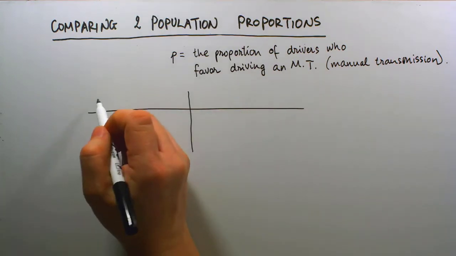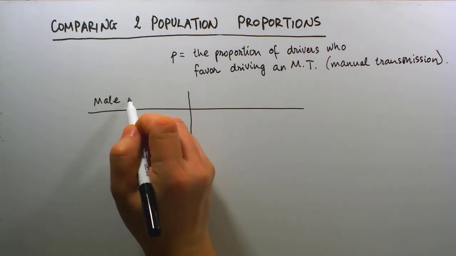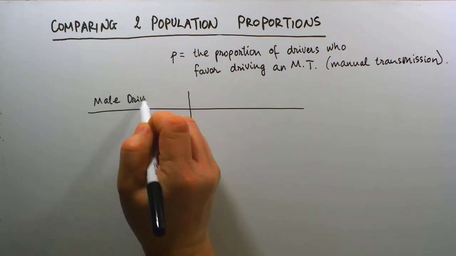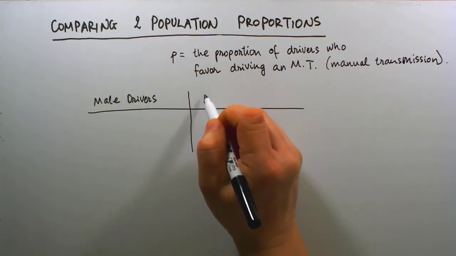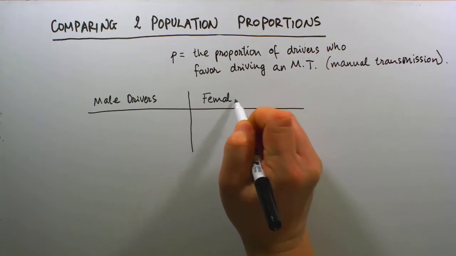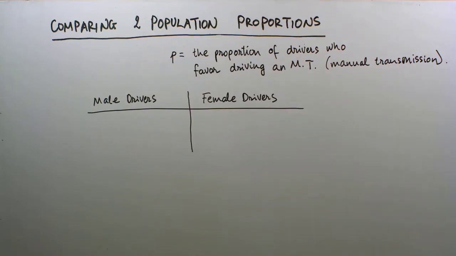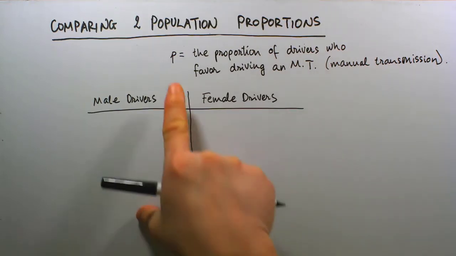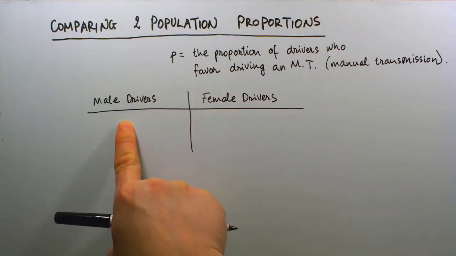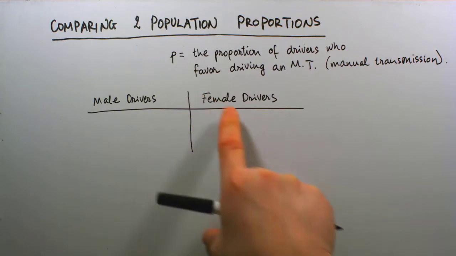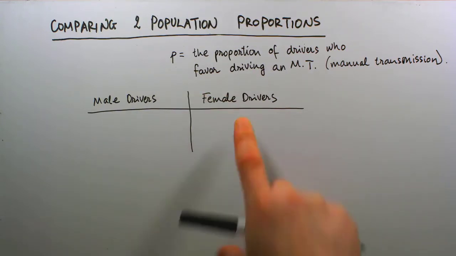So we're gonna have one separate population as the male drivers, and there's another population being the female drivers. And so now that general proportion can be looked for in the male drivers and also be studied in the female drivers as well.